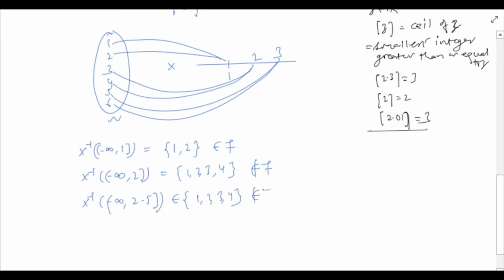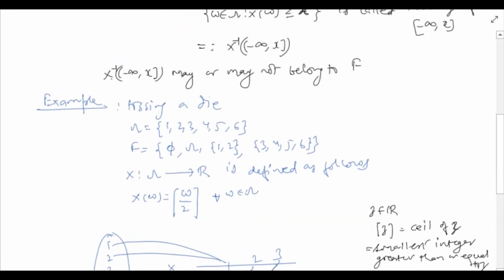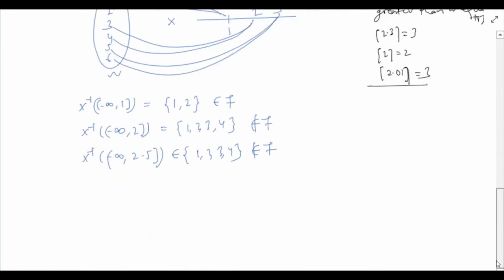This is also not in F. So we see that the pre-image X inverse of minus infinity to x may or may not belong to the event space. The special functions for which the pre-image of minus infinity to x is always part of the event space are called random variables. So let's write this definition.